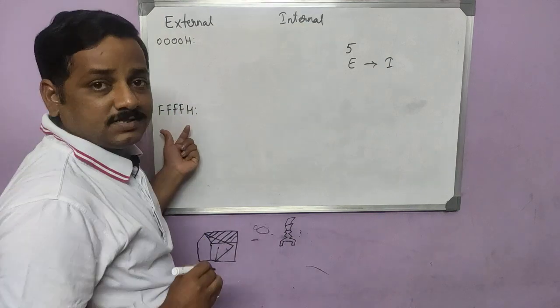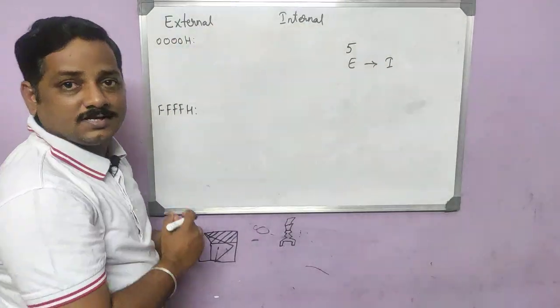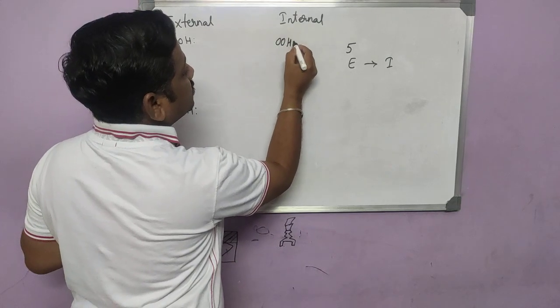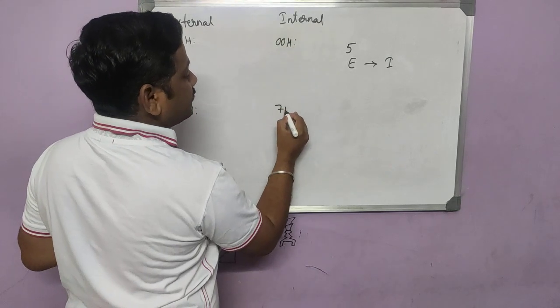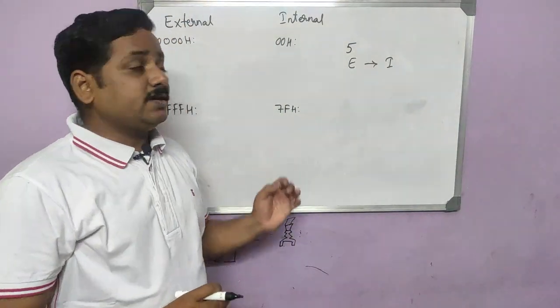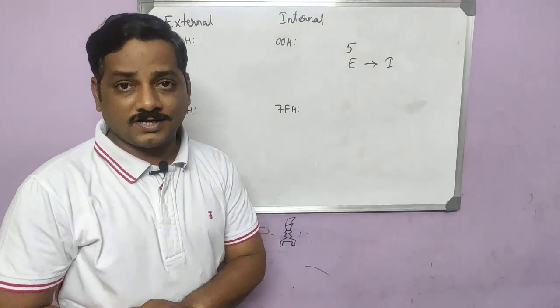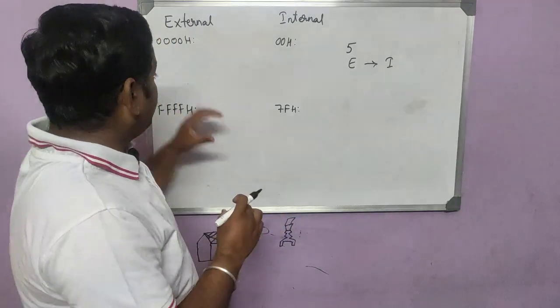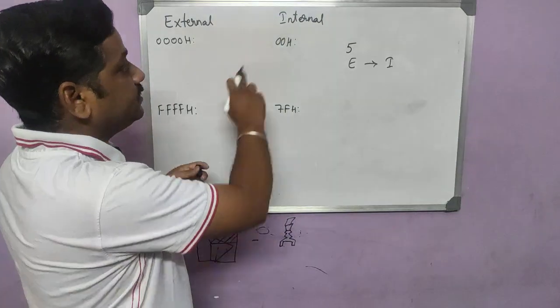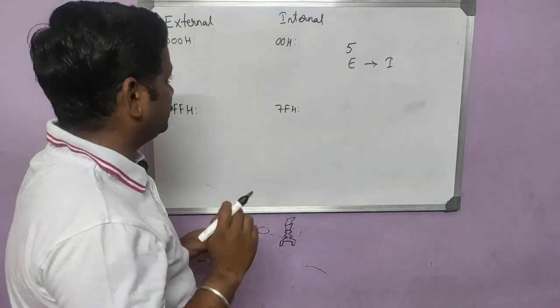This is the external memory capacity. Whereas internal memory, or internal RAM, starts from 00H and ends at 7FH. This is about the 8051 microcontroller hardware architecture. Within this you need to give 5 data, and that has to be transferred to internal memory. That's the concept, that's the question.